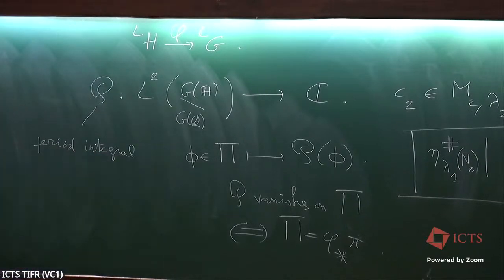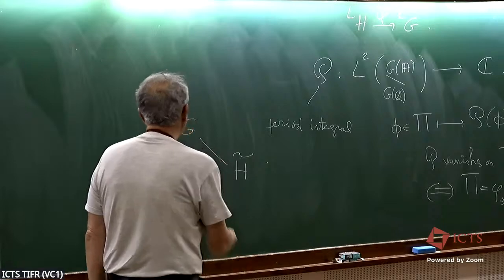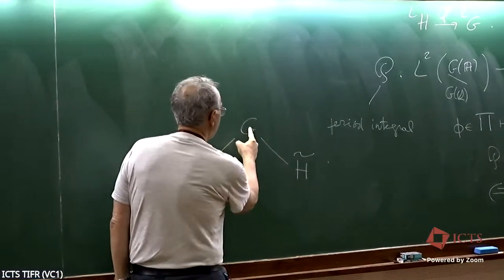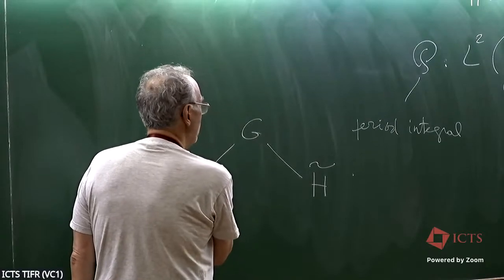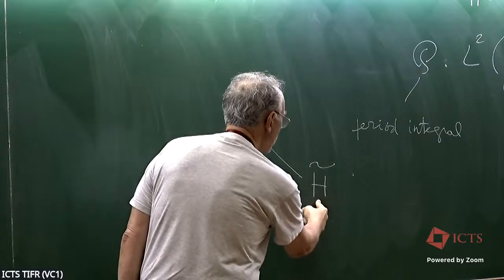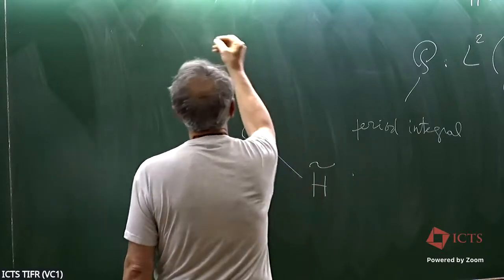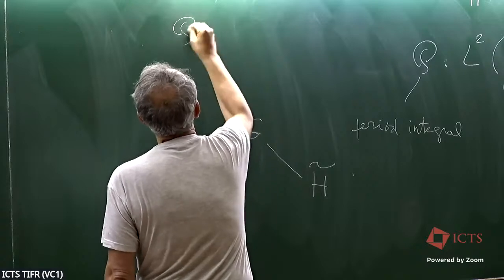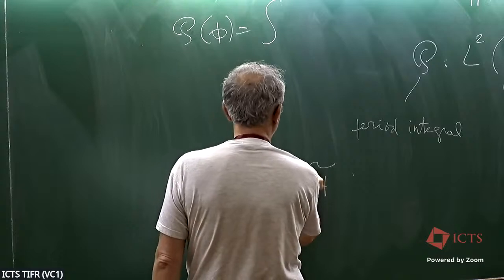You have to find another group H tilde. You are asking if a form here comes from there, and the answer is that the integral against this group vanishes or not. So the P will be an integral. So this is a subgroup here.